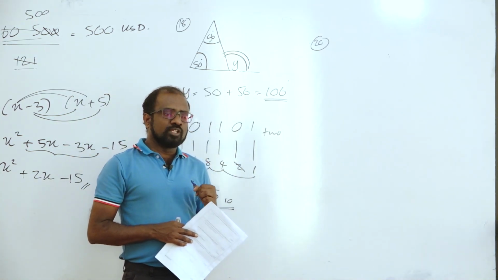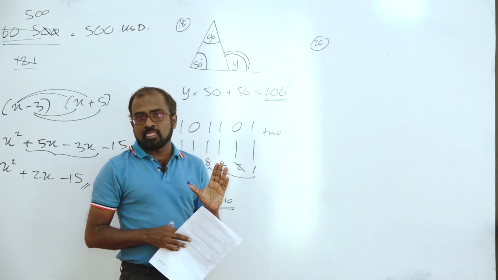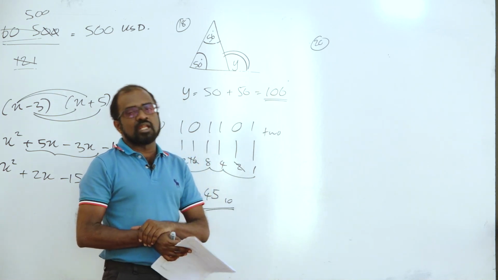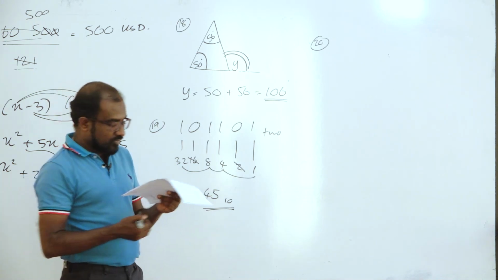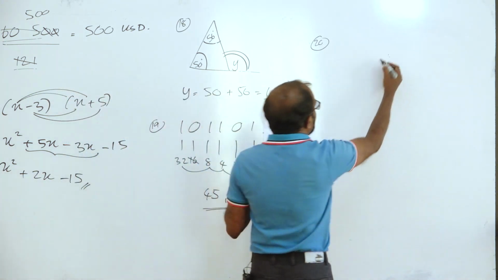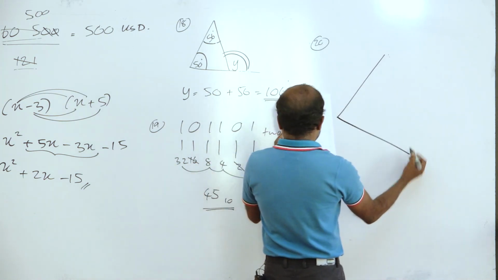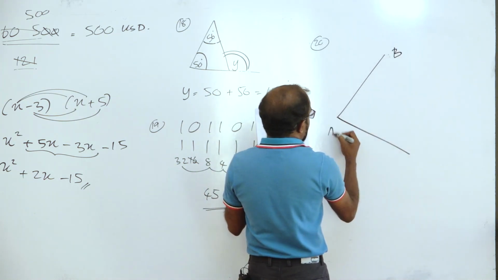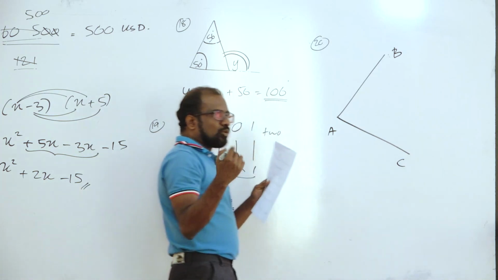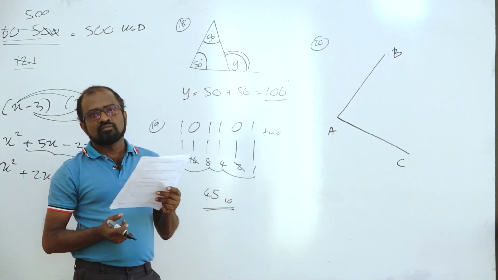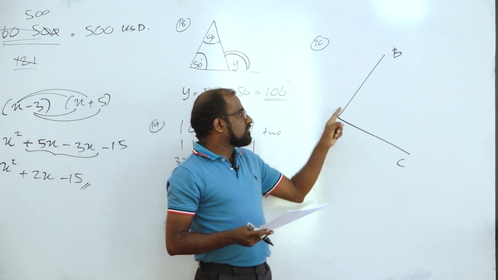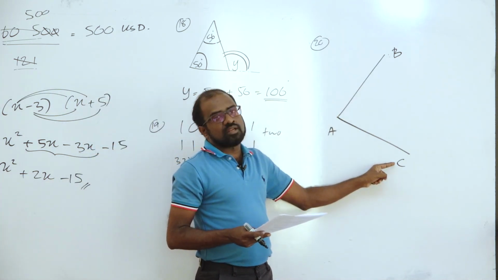Locus of the point moving equidistant to 2 fixed points, the perpendicular bisector of the straight line between the 2 fixed points. This is the 4th one: locus of the point moving equidistant to 2 intersecting straight lines, the angle bisector of the angle between the 2 straight lines.